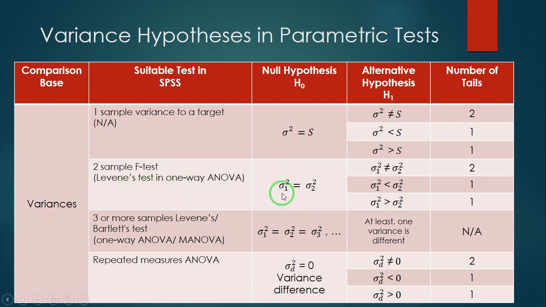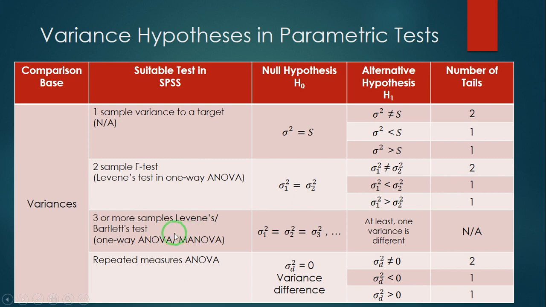Again, it hypothesizes that the variance of the first sample is equal to the variance of the second sample, and the alternative hypothesis assumes that the variances are not equal, which is a two-tailed test, or variance of the first sample could be smaller or greater than variance of the second sample as the one-tailed tests.